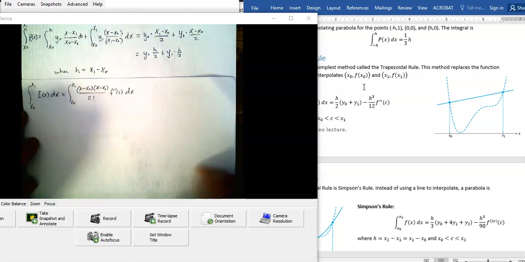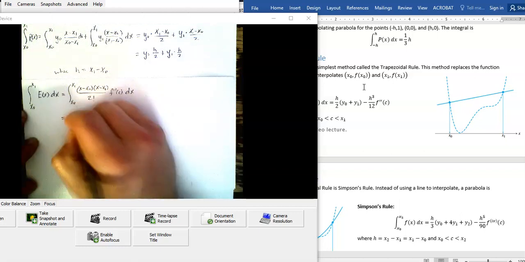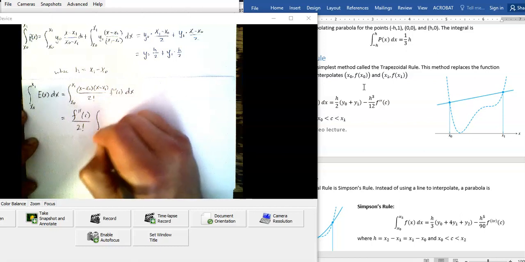Note that f double prime of c and 2 factorial are constant, so we can pull those out: f double prime of c over 2 factorial times this integral.